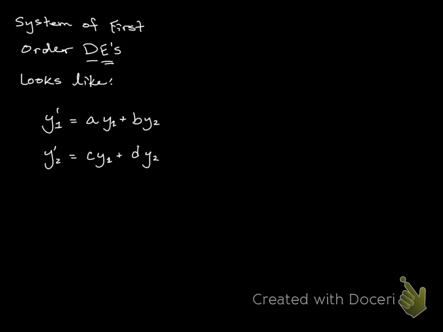But what we tend to do here is we tend to organize this a specific way. I pretty much want to write this as a matrix vector equation. So what we do is we let y, just y first, let me slow things down, here in blue, equal to y1 and y2.